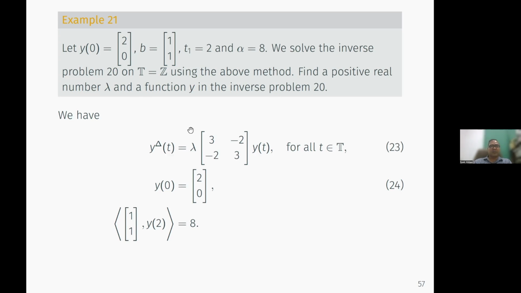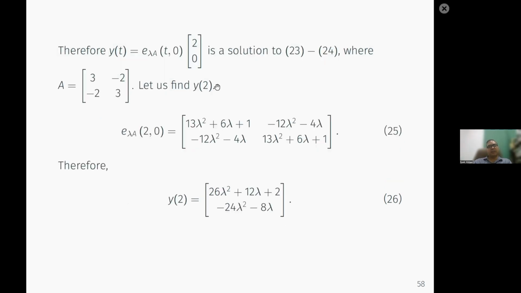So the problem in this setup for this choice is given by y delta t is lambda times the matrix 3, minus 2, minus 2, 3 times yt, y0 is 2, 0, and the inner product of this vector 1, 1 with y2 is 8. And in this case, we get yt is e lambda A t0, 2, 0, which is the solution of this, where A is given by this matrix.